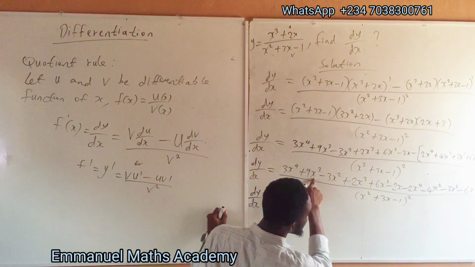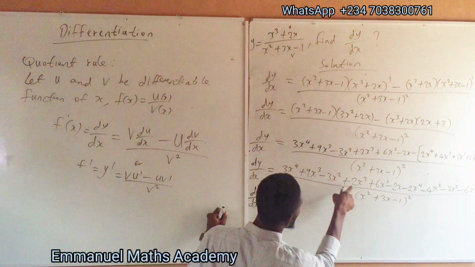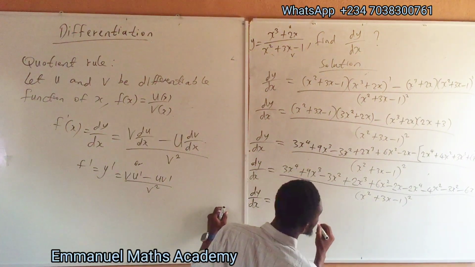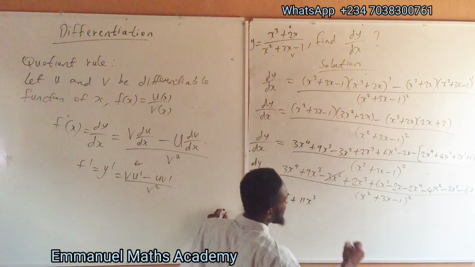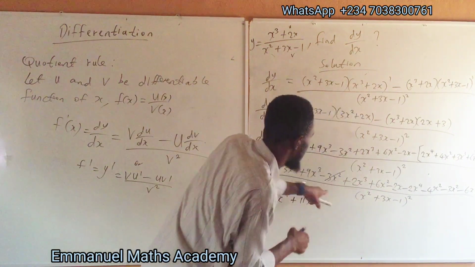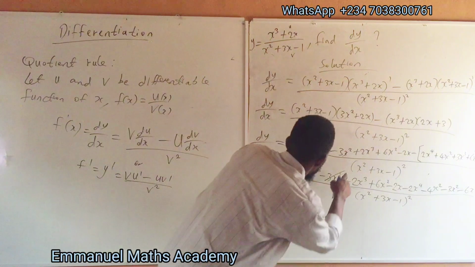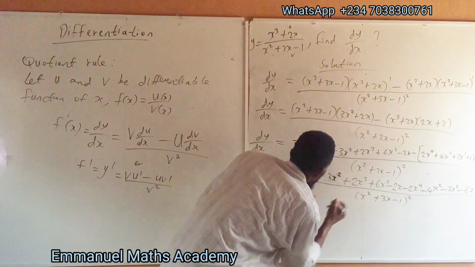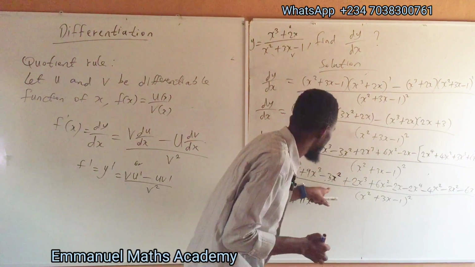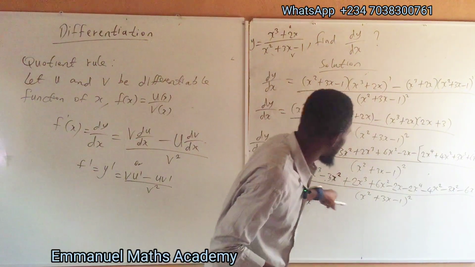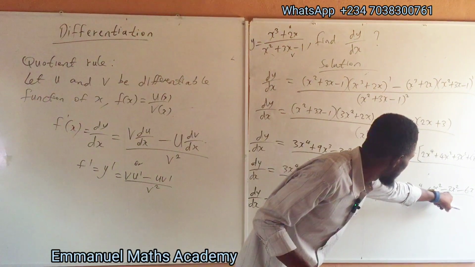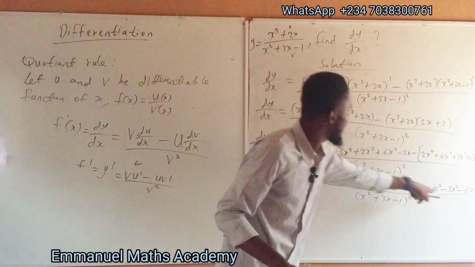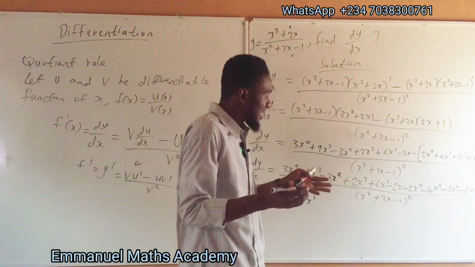If you have this plus this, you have 11x^3. Oh, sorry. This will not cancel. You have minus 3x^2. Minus 3x^2, I will also have plus 6x^2. Okay, minus 3x^2 minus 3x^2, you have minus 6x^2, right?